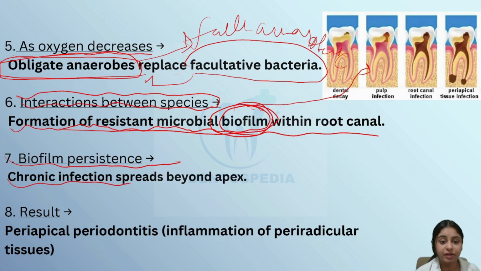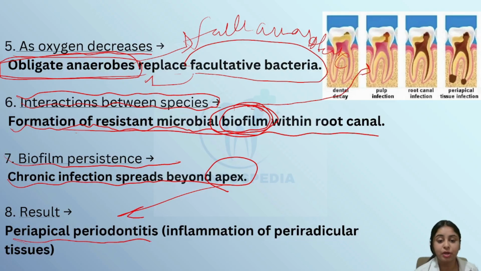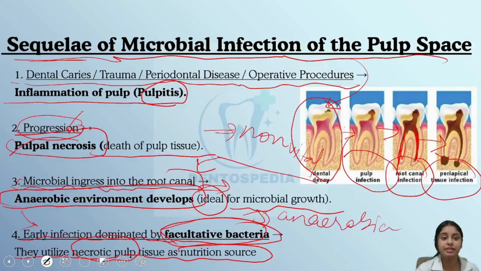So in chronic infection, they spread beyond the apex, which results in periapical periodontitis, that is inflammation of the periradicular tissue. Firstly, there was dental caries or trauma, which causes pulpitis, the inflammation of the pulp. Later, it progresses into pulp necrosis, and later an anaerobic environment develops through which the microbes enter the root canal.